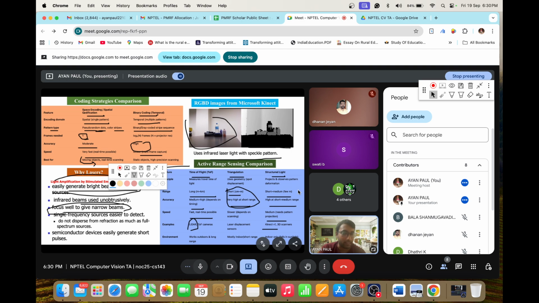Range is in between: the XY value will not give you color, but will give you the depth. So that is the range image. This is the difference between these three things.